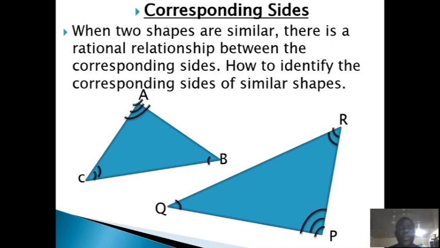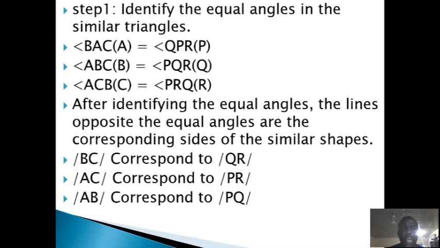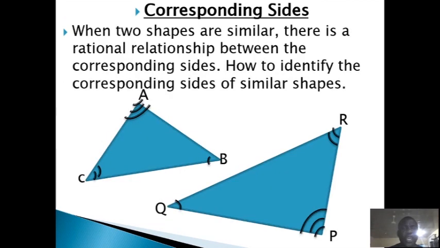Angle Q, the line opposite angle Q is PR, and the line opposite angle B is what?